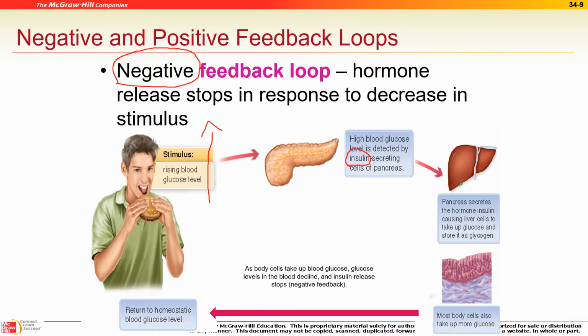Insulin will work in the liver and the muscle tissues of your body, taking up the sugar and lowering the blood sugar. So that is redetected by your body. Blood sugar is normalized and it stops. The pancreas no longer produces insulin because blood sugar has lowered.